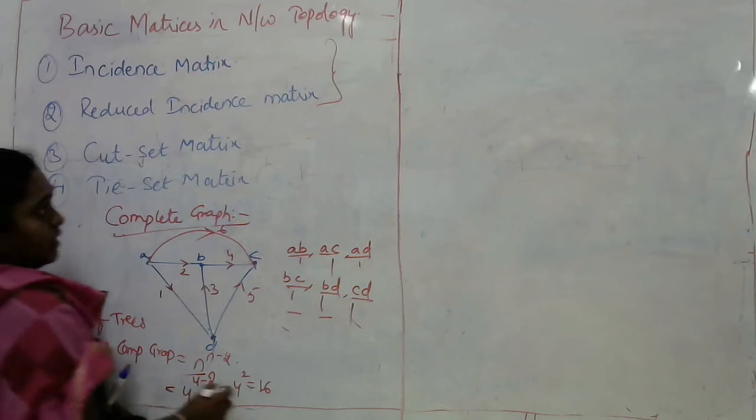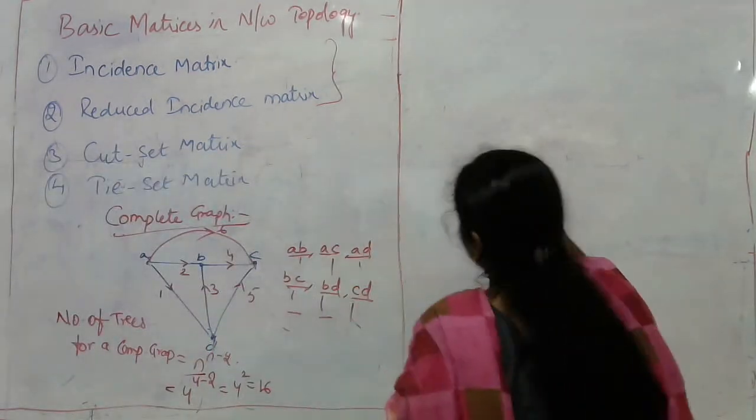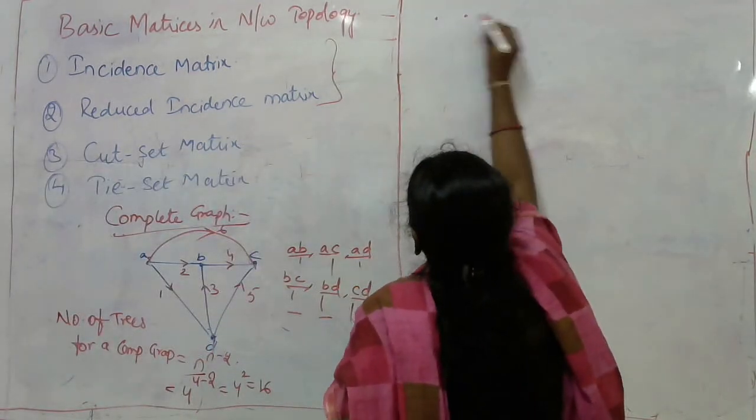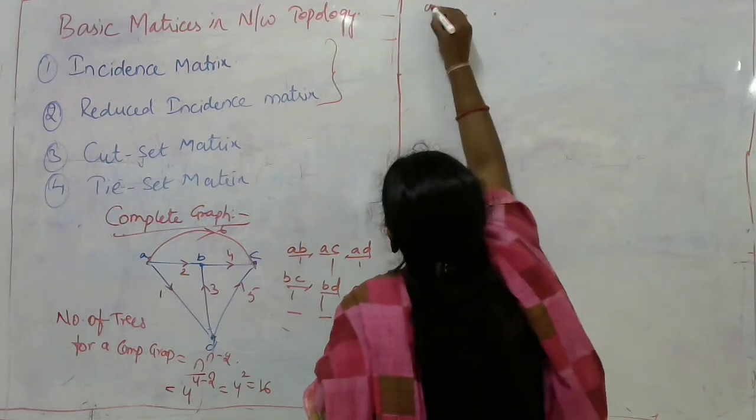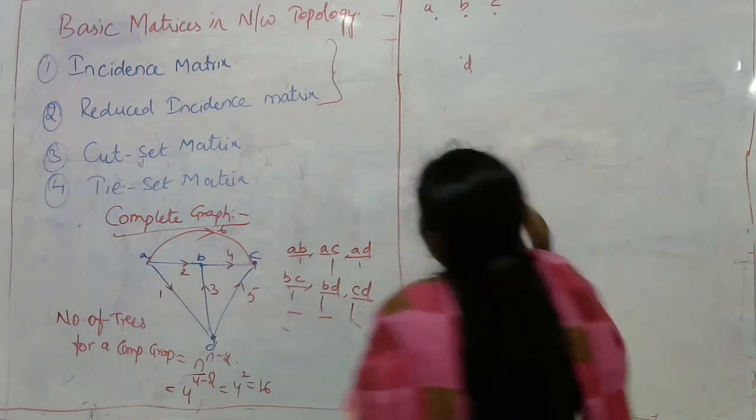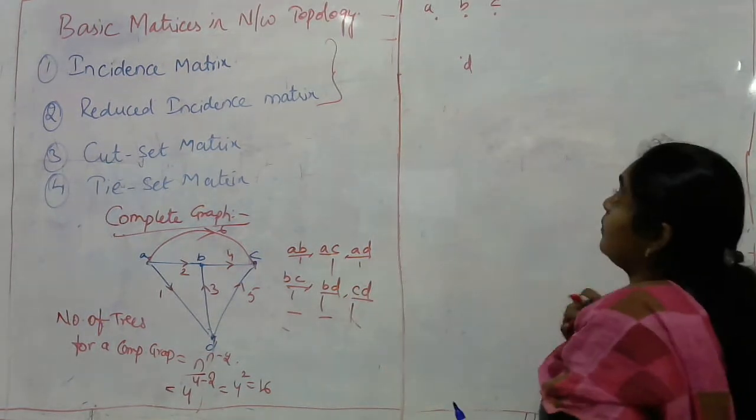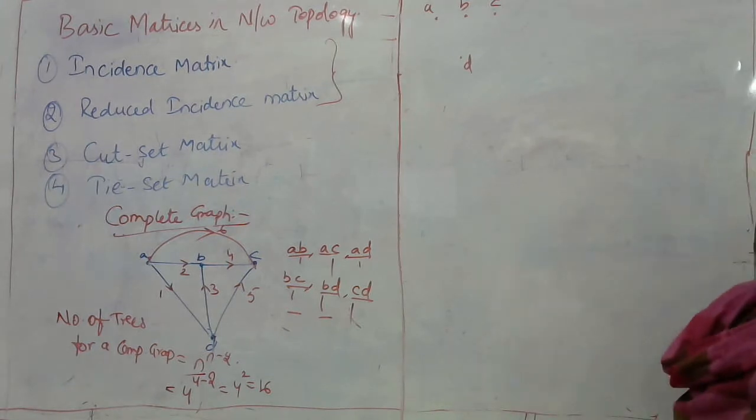The first tree: I can draw the tree in such a way that, as I told you, the tree should consist of all the nodes, that is A, B, C and D. But it should consist of fewer branches than the graph, and it should not have any closed path.